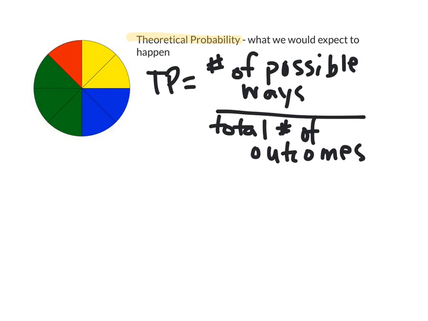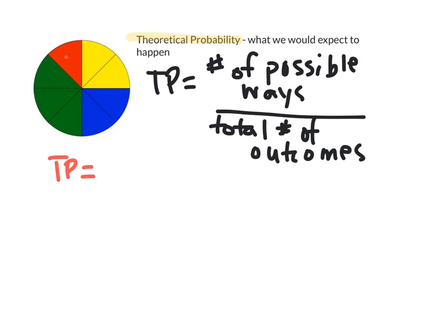So I've got a spinner here that I'm going to show you some examples. We're going to show the theoretical probability of spinning the different colors. We'll start with the theoretical probability, TP, of red. If you look at this spinner, you will see that there is one section that is red.